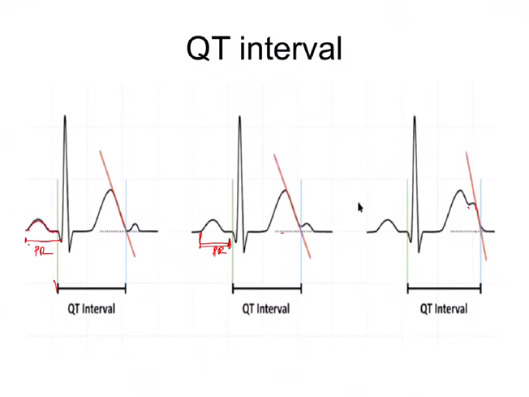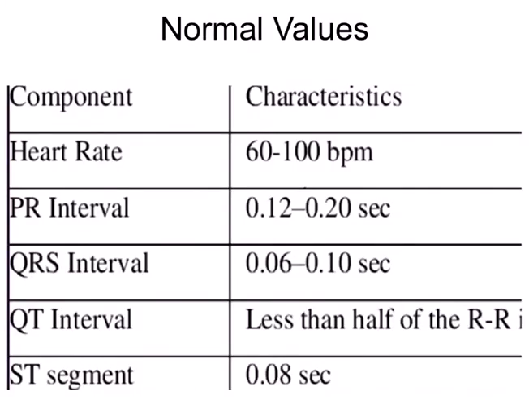We can see here, this is a wave and this is the isoelectric segment, that is the PR segment. Similarly for the QT interval, this was the Q wave, this was the T wave, and this was the isoelectric segment, that is the ST segment. So an interval will have one wave and one isoelectric segment.